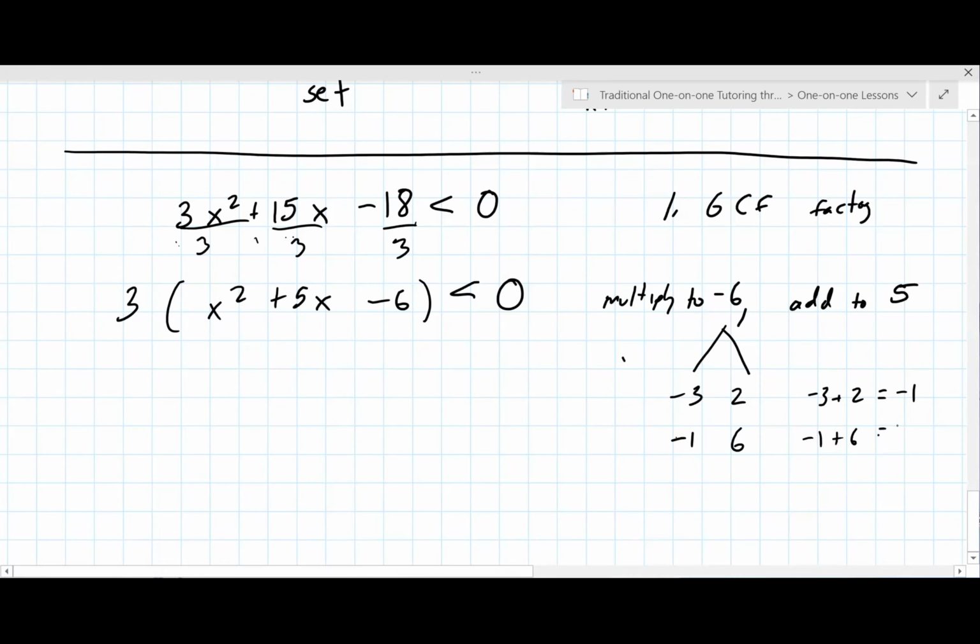Good. So this becomes 3 times x minus 1, x plus 6, less than 0. So you have to set each of these equal to 0.